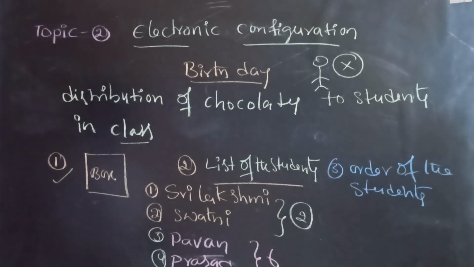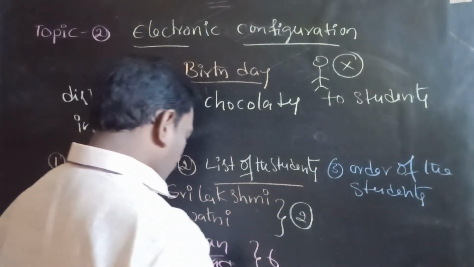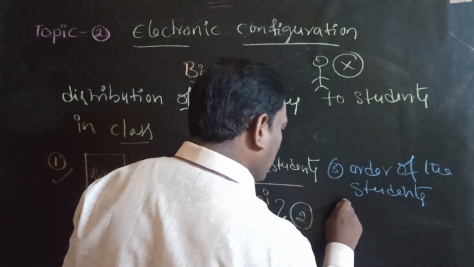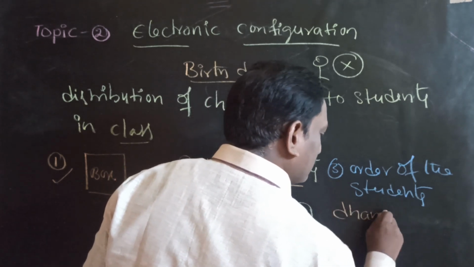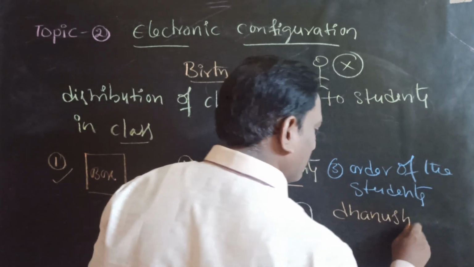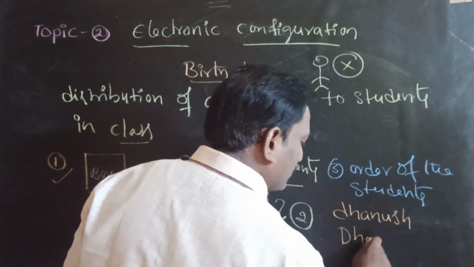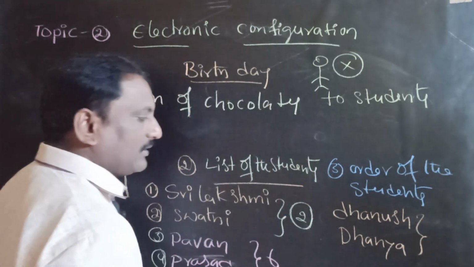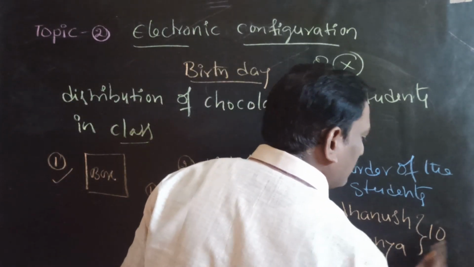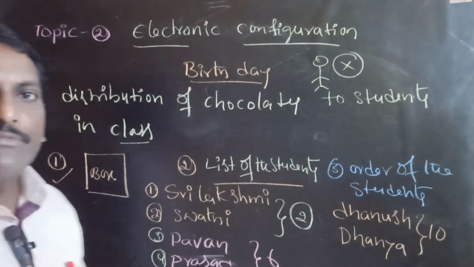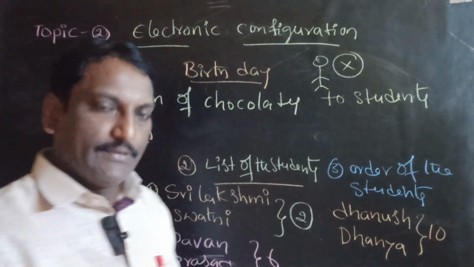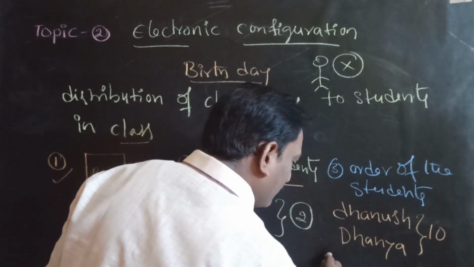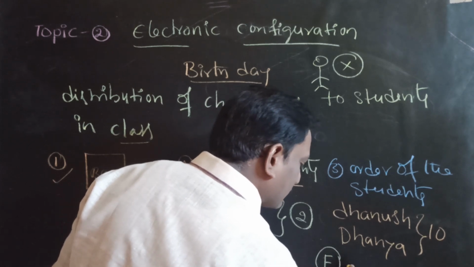Next, based on letter D, for example, Dhanush and Dhanya, let us assume. She would like to give 10 chocolates to the students whose names start with letter D. And the last letter is F. She decided F means friends.